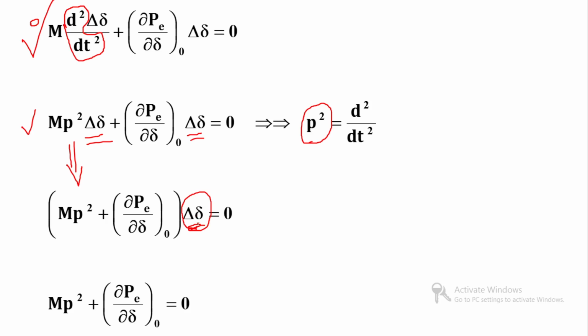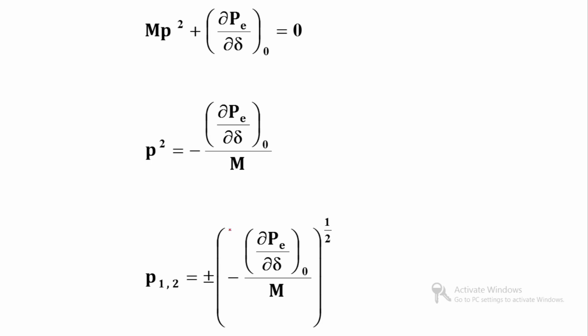So delta delta is not equal to 0, so it will come in the denominator of 0, so it will become 0. So the equation becomes m p square plus del pe by del delta 0 is equal to 0. So this is our equation.